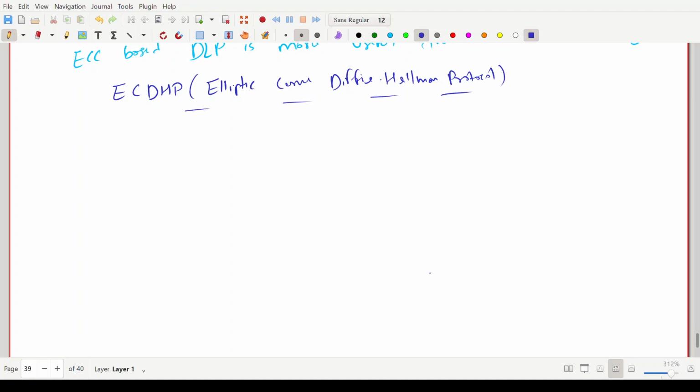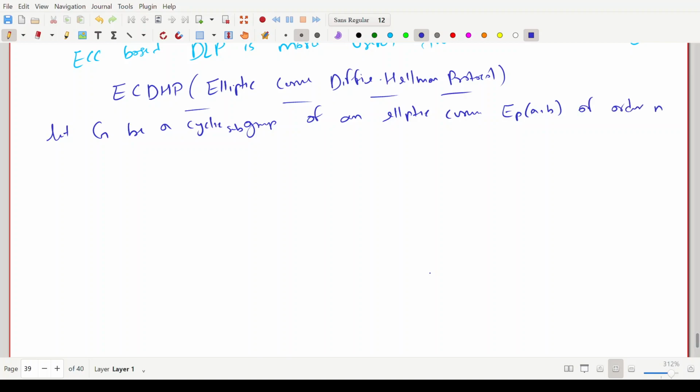Let G be a cyclic subgroup of an elliptic curve, say E_p(a,b), of order n. Let P = (x, y) be a generator of G.